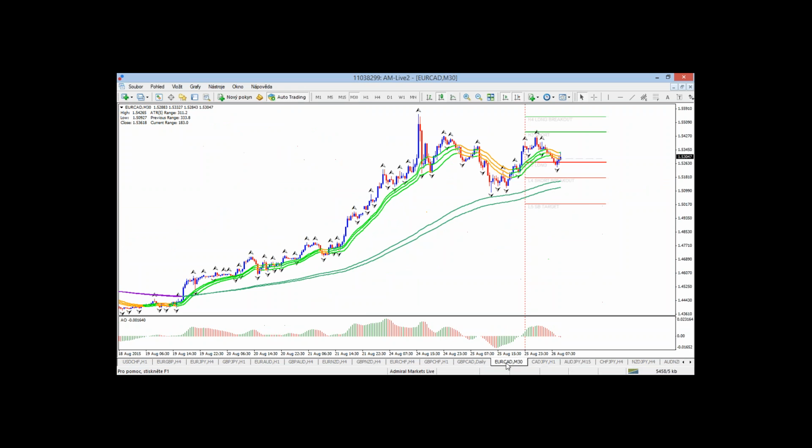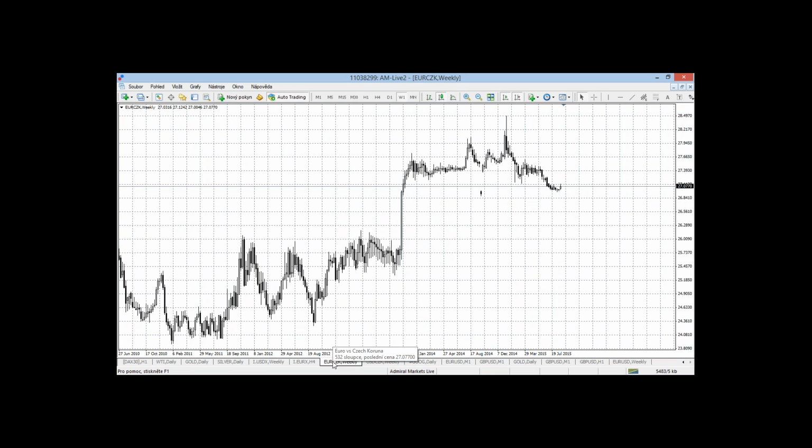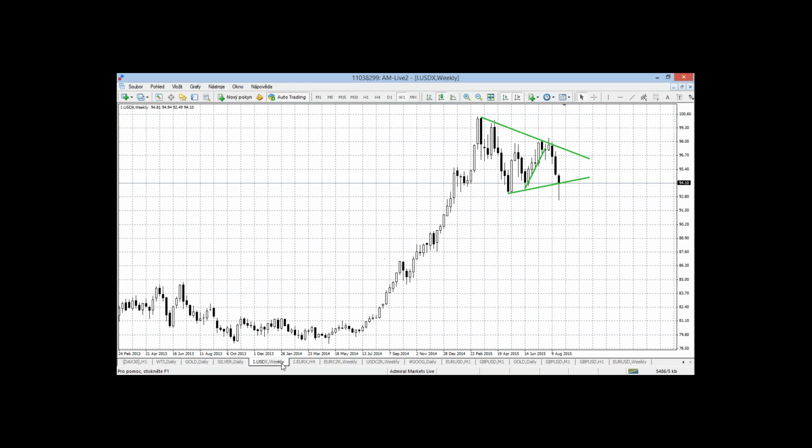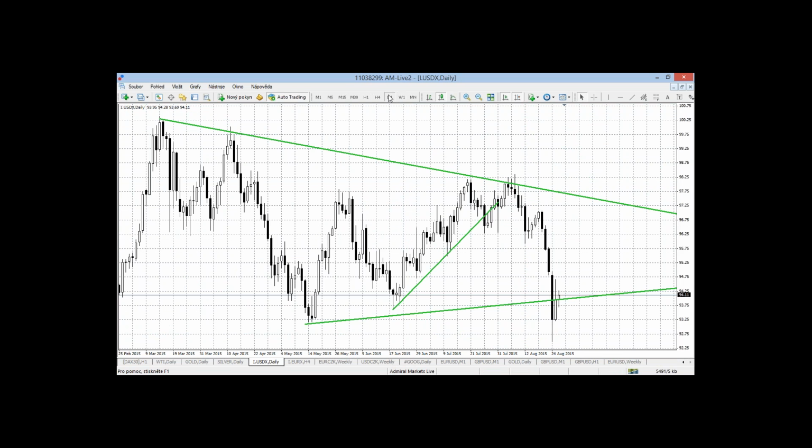Maybe. Let's see. Dollar index. Big momentum to the downside.